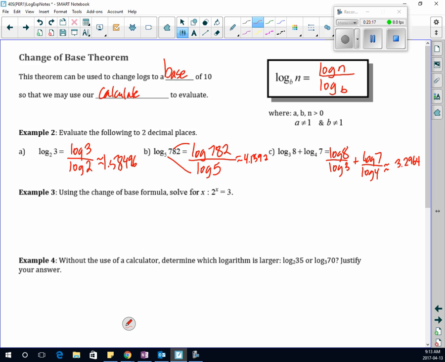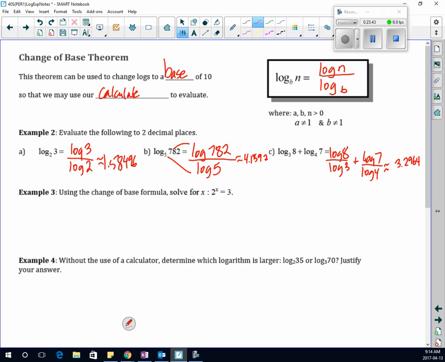Okay, so now this brings us to, let's use the change of base to solve this. Now, this is not in log form, but you know how to change this to log form, don't you? How would I change 2 to the power x equals 3 into logarithm form?